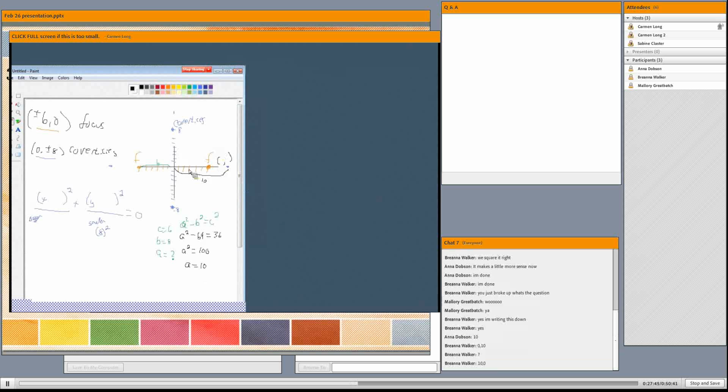So that's going to be our vertex. And then our other vertex is going to be way out here. We're going to go 1, 2, 3, 4, 5, 6, 7, 8, 9, 10, and then up, none. So we'll end up with the exact opposite as our co-vertex. So down here would be 10 squared.